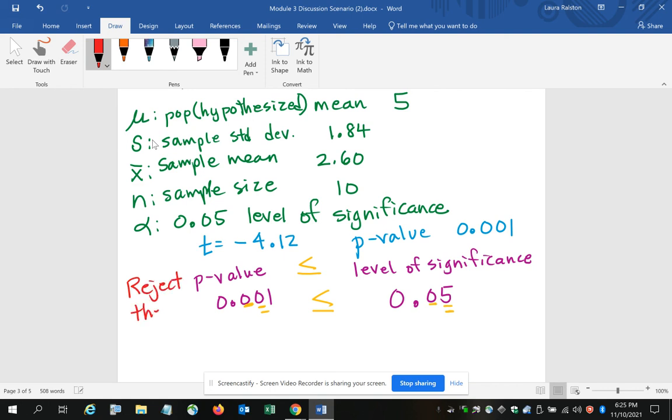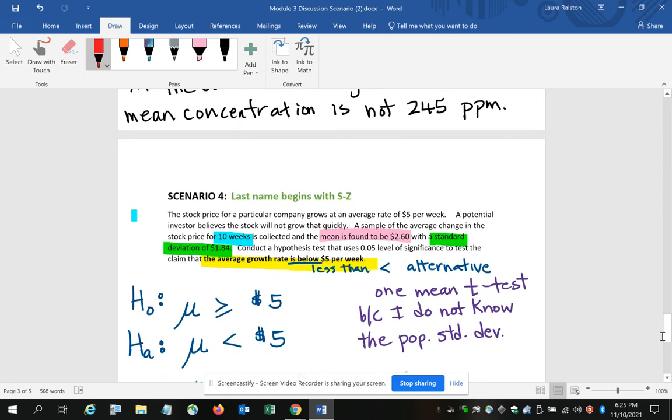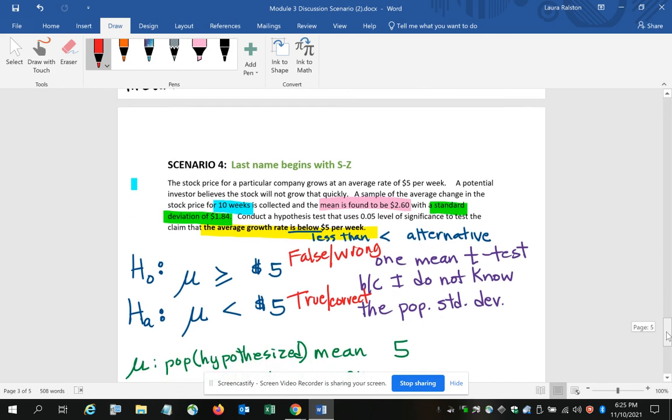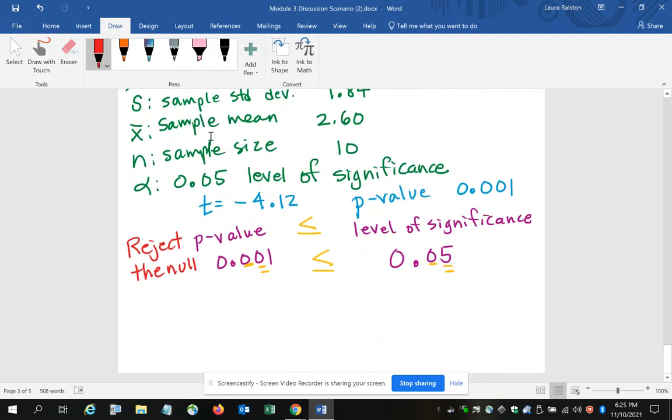we reject the null, which yet again means that the null is false or wrong, and the alternative is true or correct. Again, you always write it in terms of the true hypothesis. So it is less than $5.